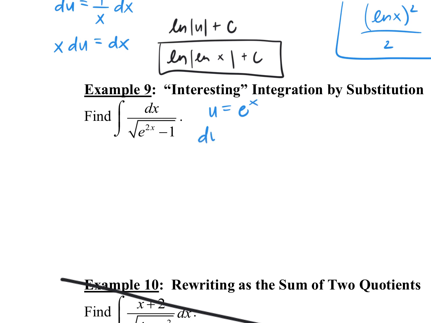Okay, and if I take the derivative of both sides, I end up with e to the x again times dx. And if I solve for dx, I get du over e to the x is equal to dx, right?